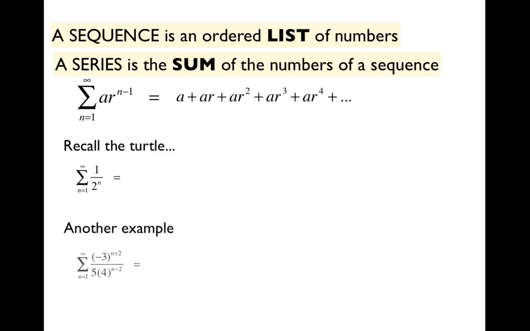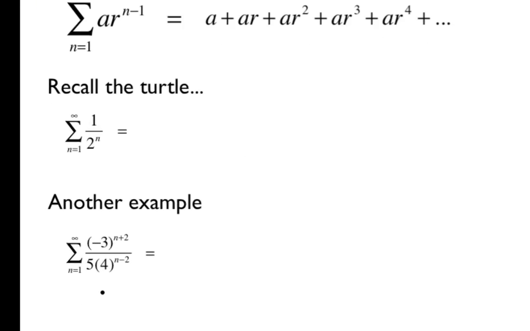Another example. Make that a little bigger. All right, so first of all, does it qualify for a geometric series, or can we make it a geometric series? And the answer is yes, because our n is in the exponent.